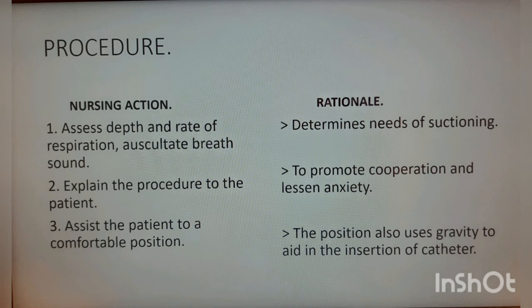If the patient is unconscious, we should place him in a lateral position facing towards us. A sitting position helps the patient to cough and breathe more easily. The position also uses gravity to aid in the insertion of the catheter. Lateral position prevents the airway from becoming obstructed and promotes drainage of secretion.